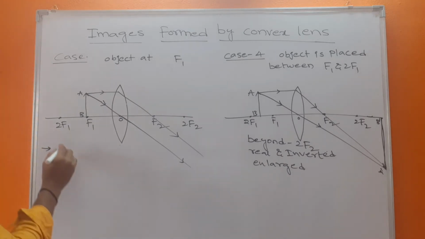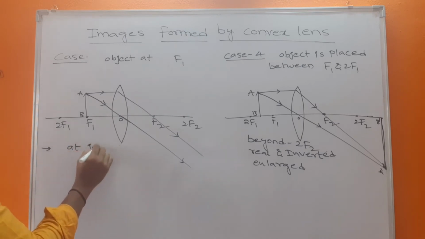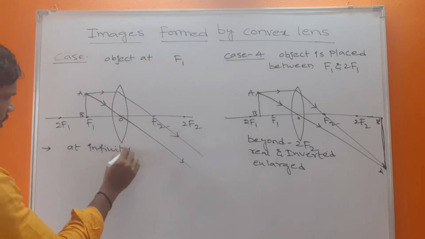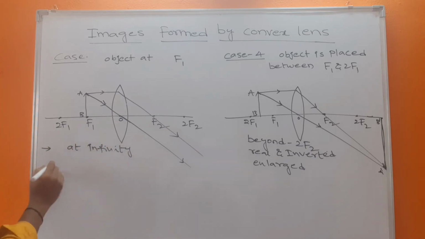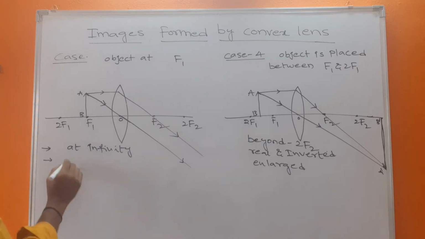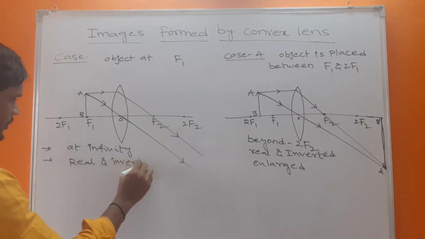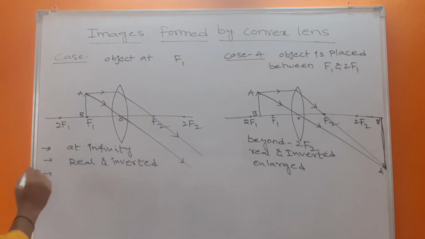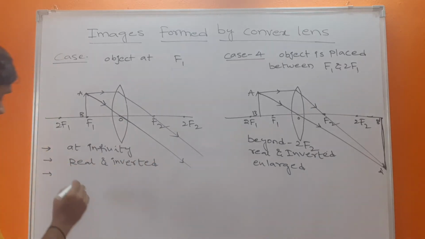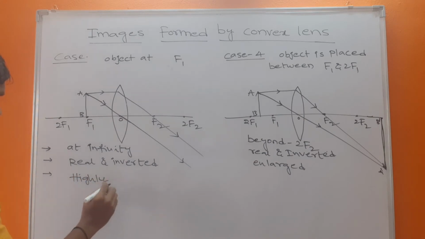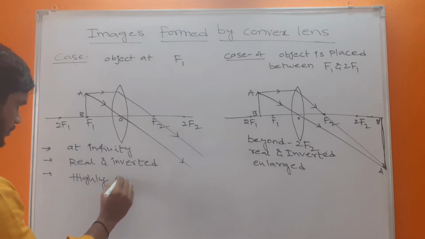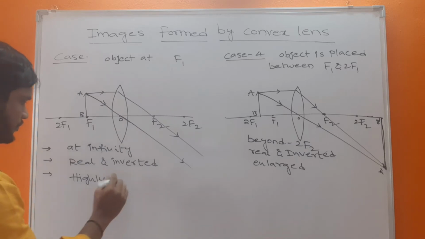So let's write the position of the image. So the image can be seen at infinity. Next, coming to the nature, it is real and inverted. And the size is highly enlarged or highly magnified.